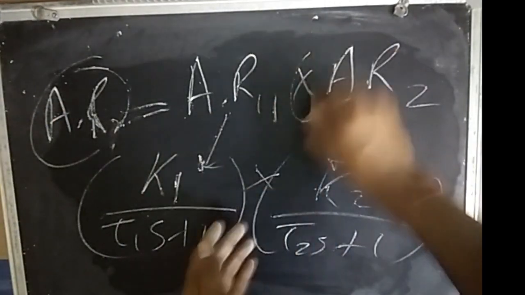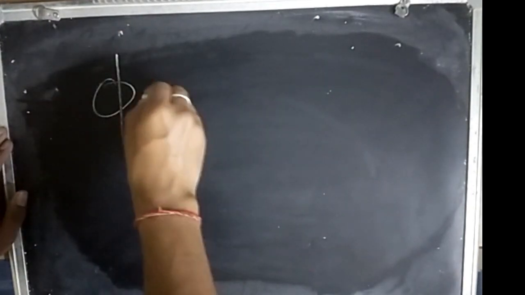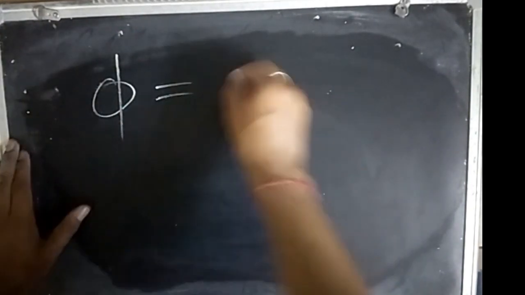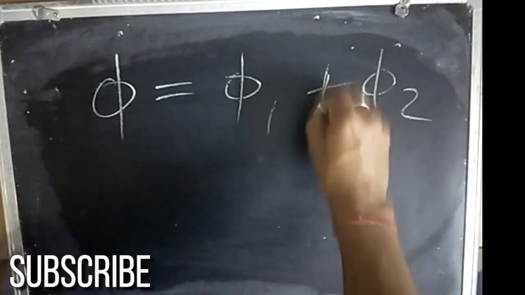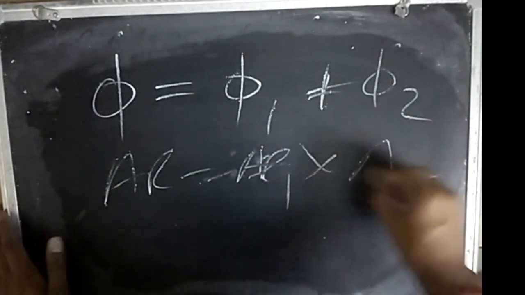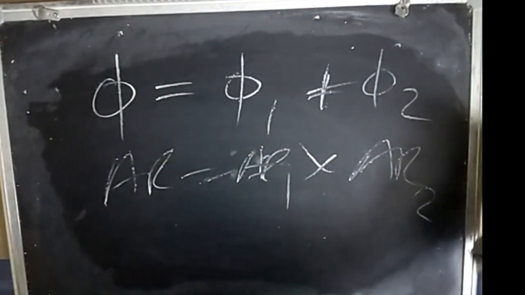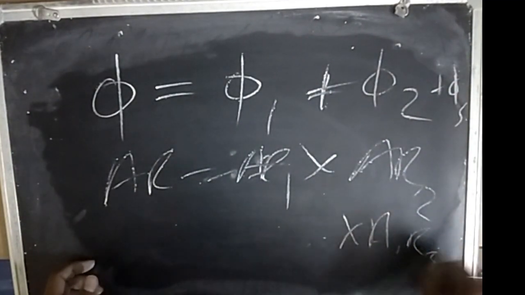If there are many systems, multiply in that order. For phase lag, the overall phase lag is phase lag 1 plus phase lag 2. This is plus, and for amplitude ratio it is multiplied. For any number of systems, if there are 3, then plus phi 3 and AR 3 multiplied.